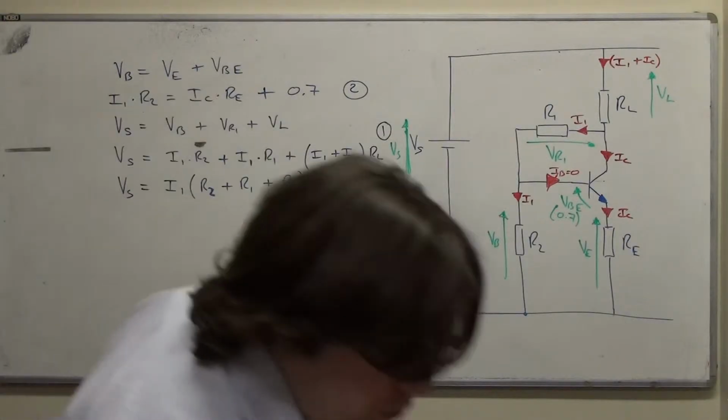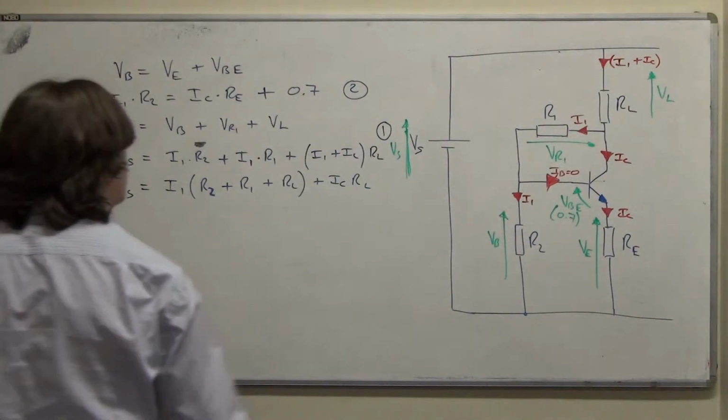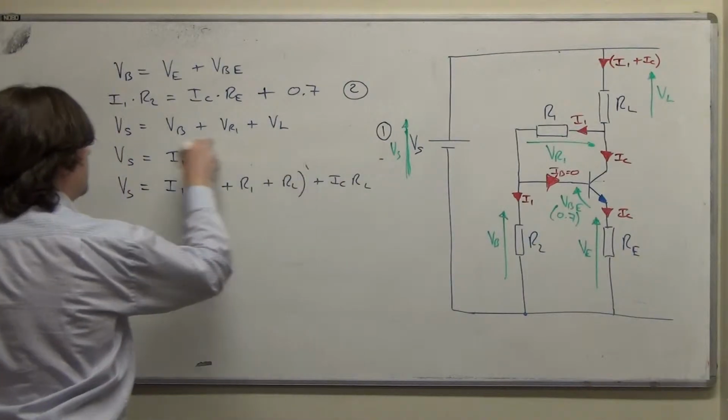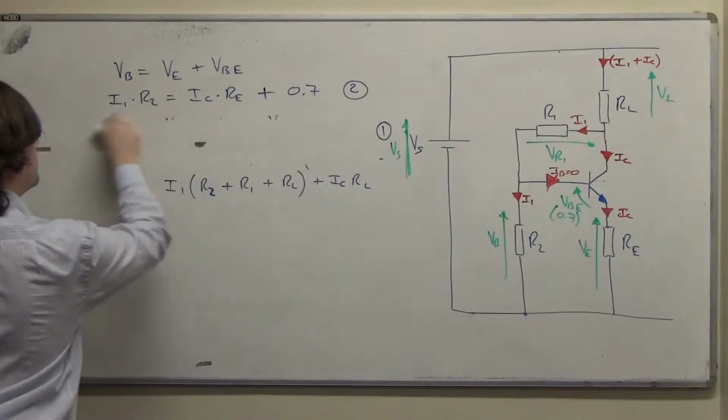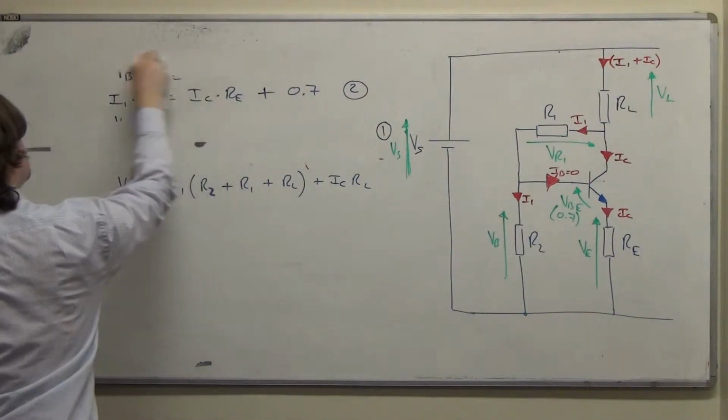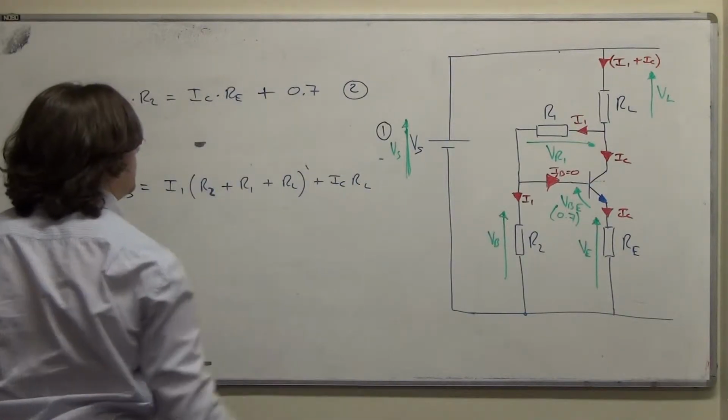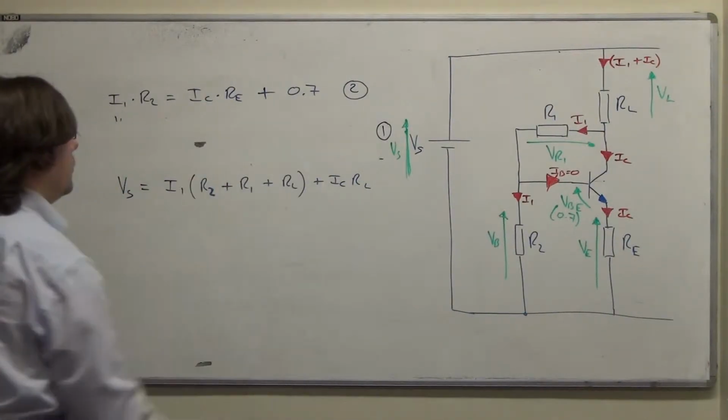So the two important equations are, get rid of that because it's just an intermediary step, and get rid of that because that's just an intermediary step. I can get rid of that as well, and that leaves us with these two.